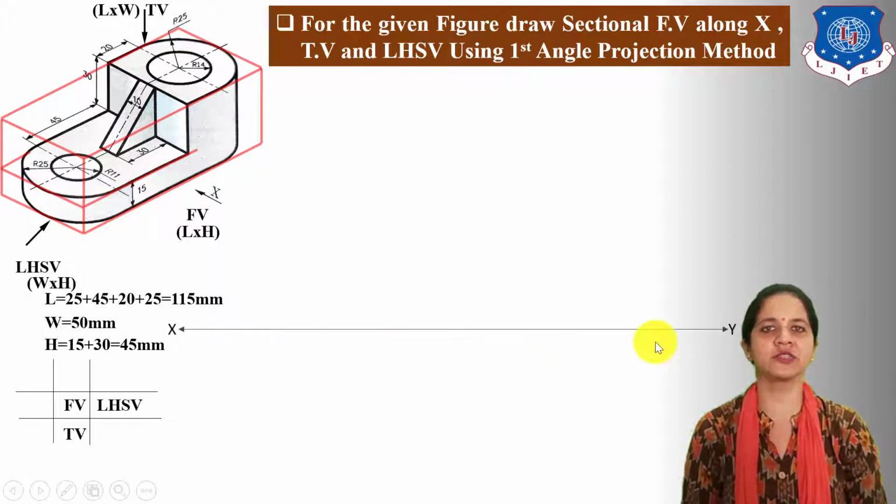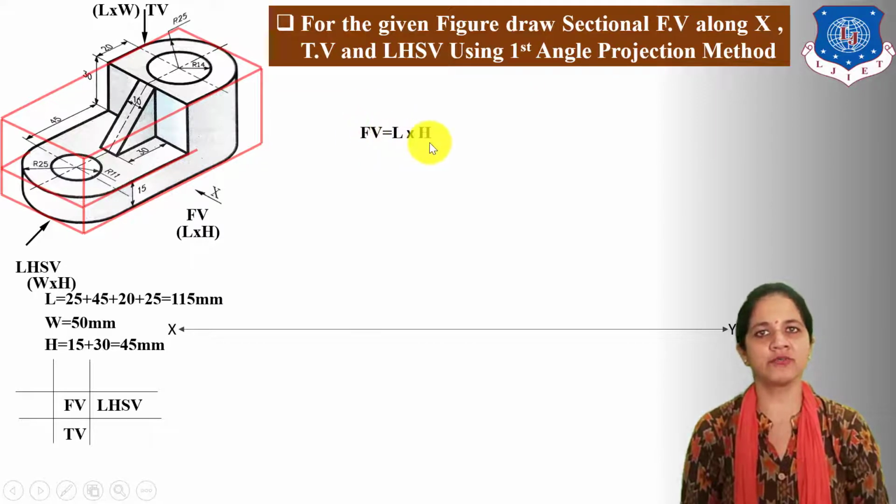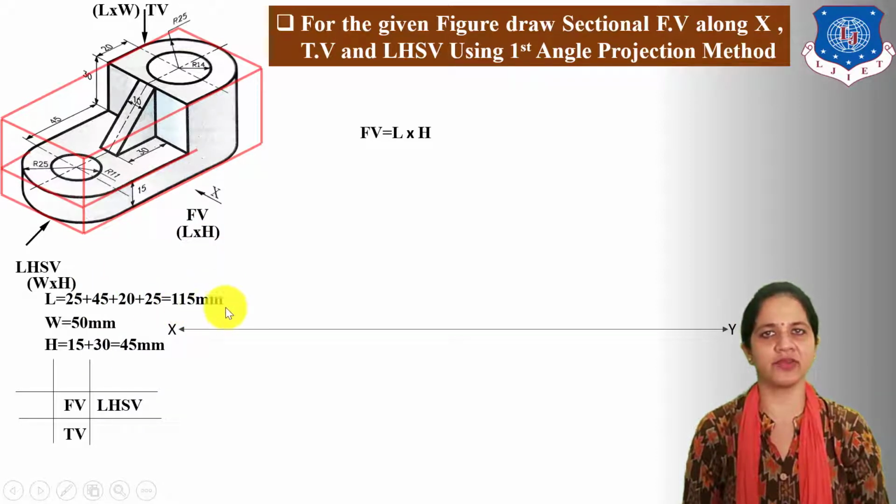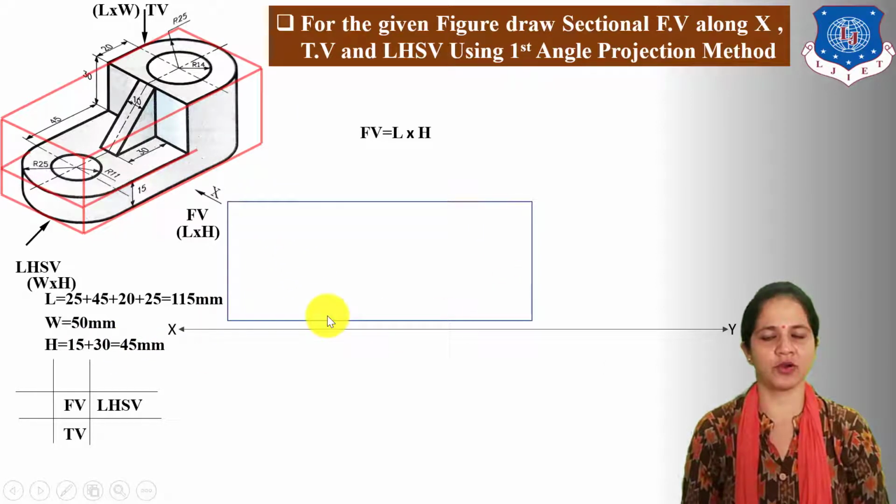First draw the XY axis. Above the XY axis, draw the front view box which covers the maximum length and maximum height. So take maximum length 115 mm and maximum height 45 mm and draw the front view box above the XY line.